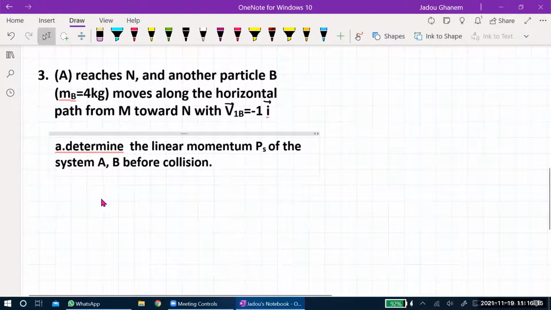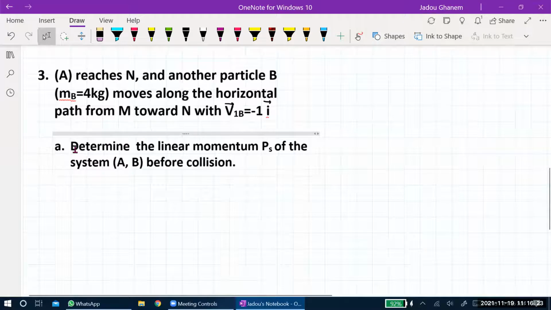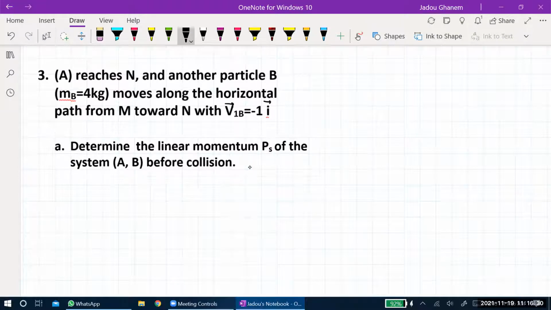I'm going to solve this part since it's somehow new for us, although we might know the formula. And here they wrote PS with a vector, so we must find PS, P of the system, in a vector form, not in a magnitude. If they want us to find it in a magnitude, we'll just get rid of the vectors.